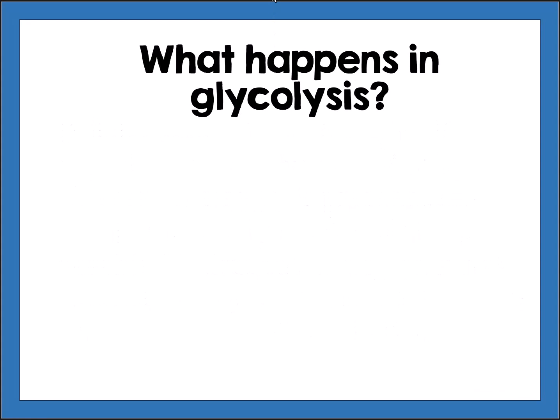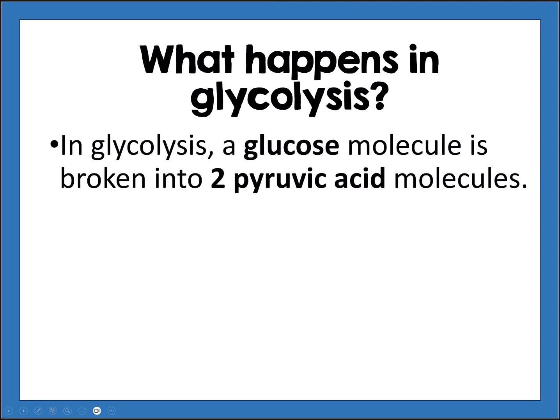So now we're going to go through the 3 steps of aerobic respiration, specifically what is happening in each of those steps: glycolysis, the Krebs cycle, and electron transport chain. So starting with glycolysis, a glucose molecule is broken into 2 pyruvic acid molecules. And this should be fairly easy to figure out, because glyco means glucose and lysis means to break apart, just like we talked about photolysis.